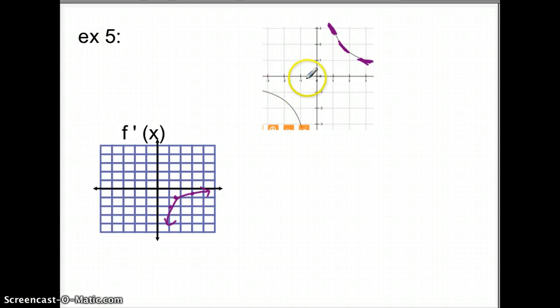And if we go over here, at -1, it looks like it's about -2. At -2, about -1. At -3, flatter, like maybe -0.5. That's going to go like this. The more points you choose, the more accurate your graph will be. But that's the graph of the derivative of this. So derivatives look kind of cool. Just be sure you know how to match a derivative with its original function graph.